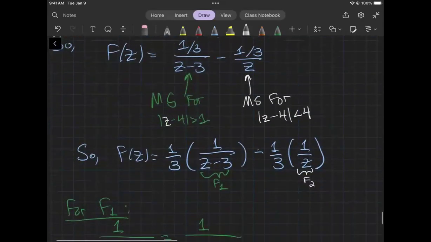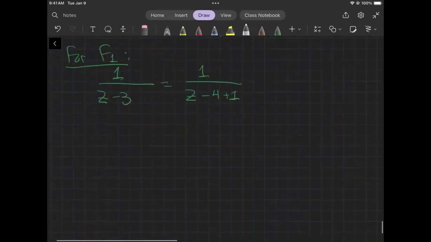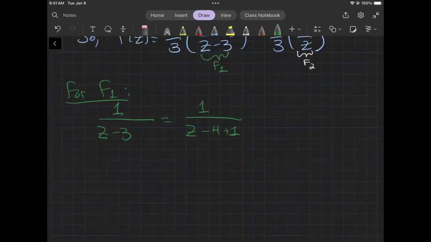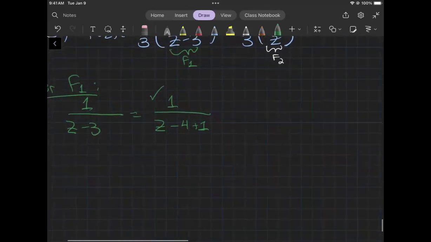Right, z minus 3 is equal to z minus 4 plus 1. So this will equal 1 over 1 plus z minus 4.